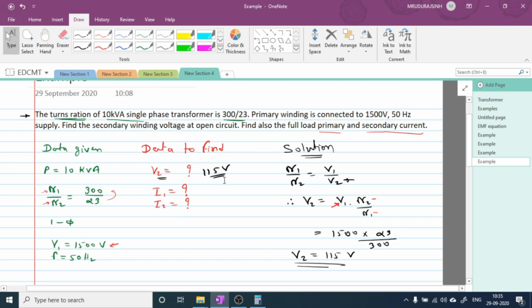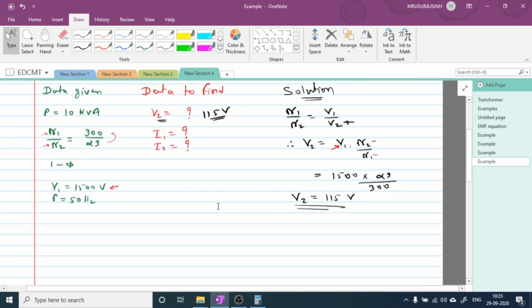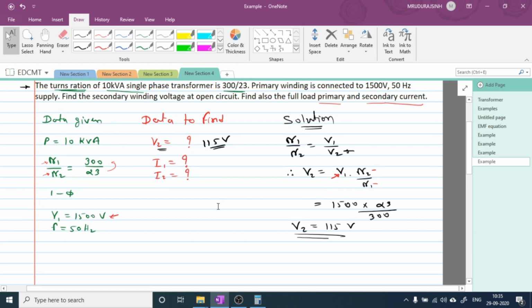Now we need to find the current, primary and secondary current. Can anyone just recall that in previous example we have used a very simple method to calculate current, and that is P is equal to V into I. The power is already given to us.